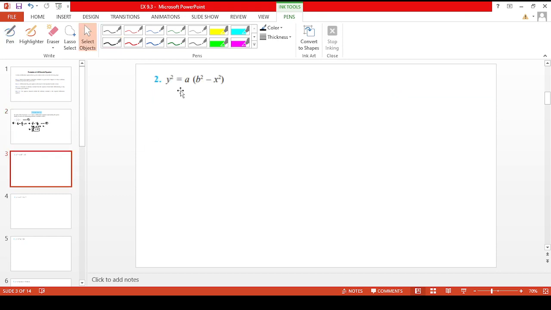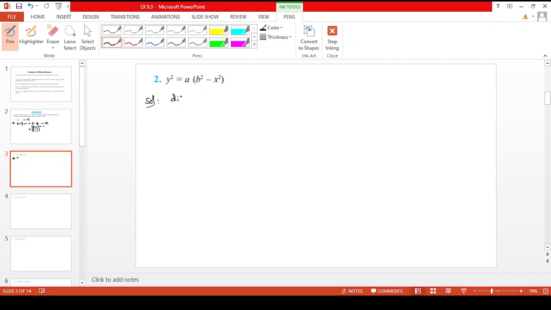Next, the second question: y square equals a into b square minus x square. Again, what is the first step? Identify the arbitrary constants. a and b are arbitrary constants. The second step is to differentiate the given curve twice.